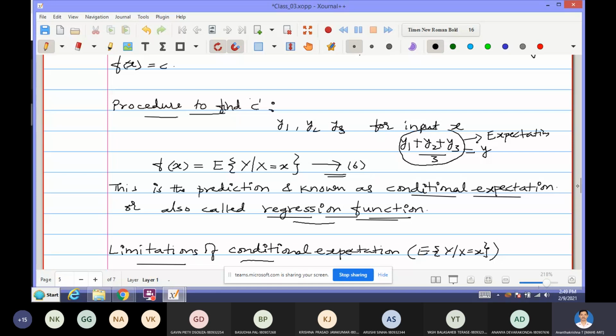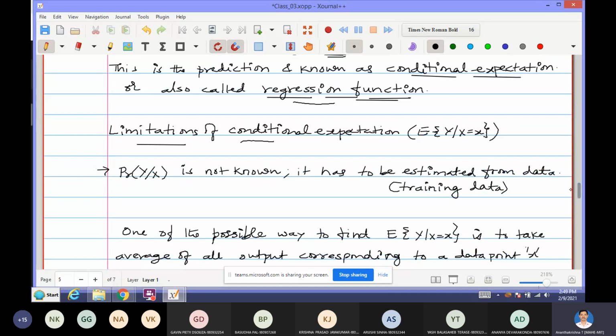Now, a few points to note down here. We are talking about conditional probability, but the actual conditional probability is not known, and it has to be drawn from the training data set. Therefore, how good this estimate is depends on the training data set that we have.